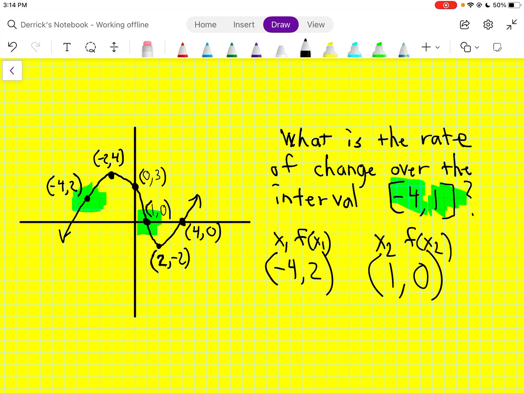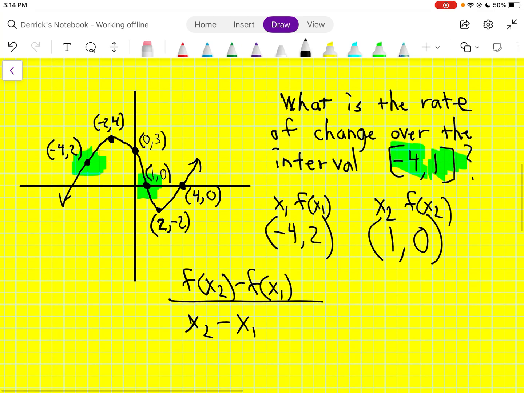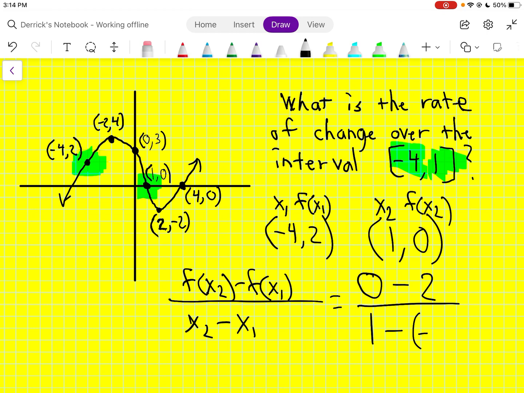And so in order to solve for the average rate of change, we are going to take f of x sub 2 minus f of x sub 1 divided by x sub 2 minus x sub 1. Plugging these in, that means we'd be taking 0 minus 2 over 1 minus a -4.